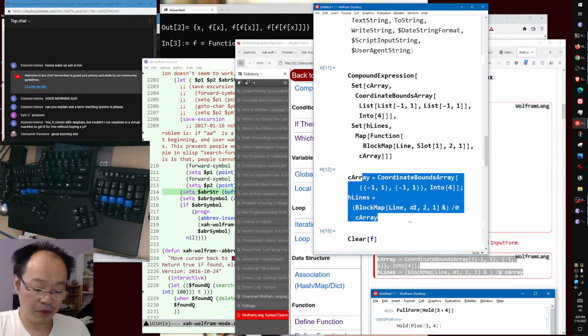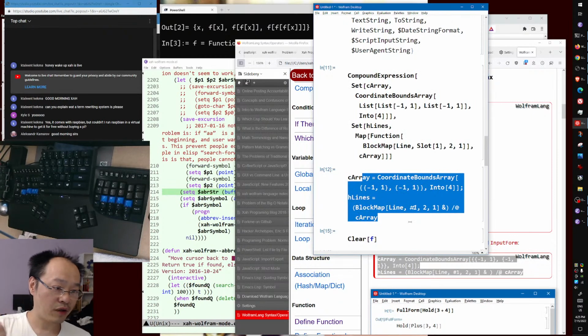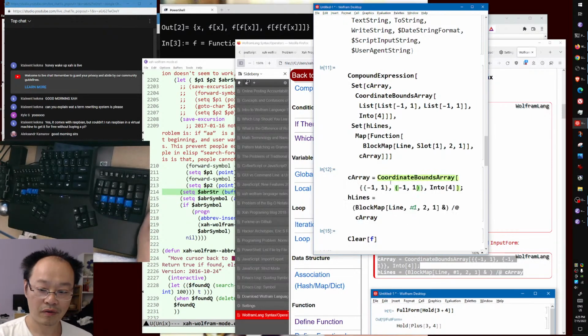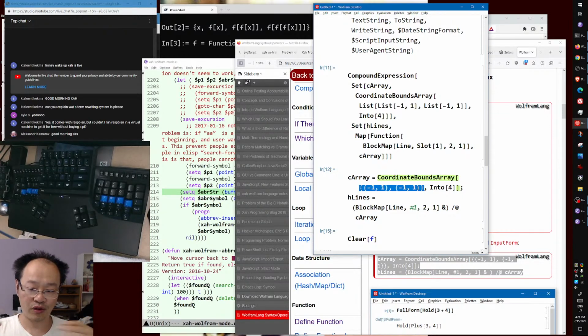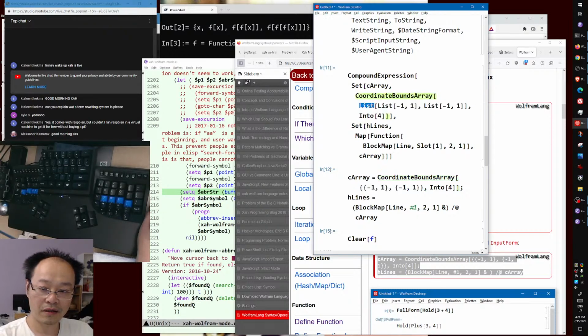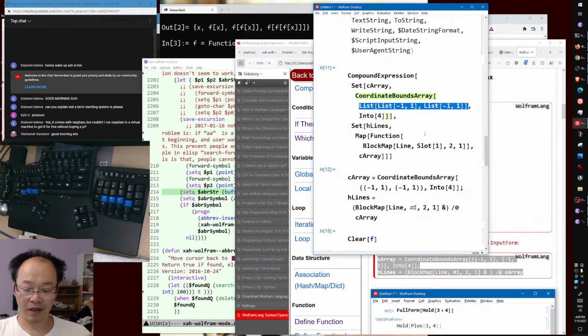Now, another important thing to know is that when you evaluate Wolfram Language, whenever you use the shortcut form, for example here is a nested list, the first thing the compiler will do is transform this shortcut into the full form. You are looking at this nested list, negative 1, 1, negative 1, 1. The full form is here. That's what the compiler does.